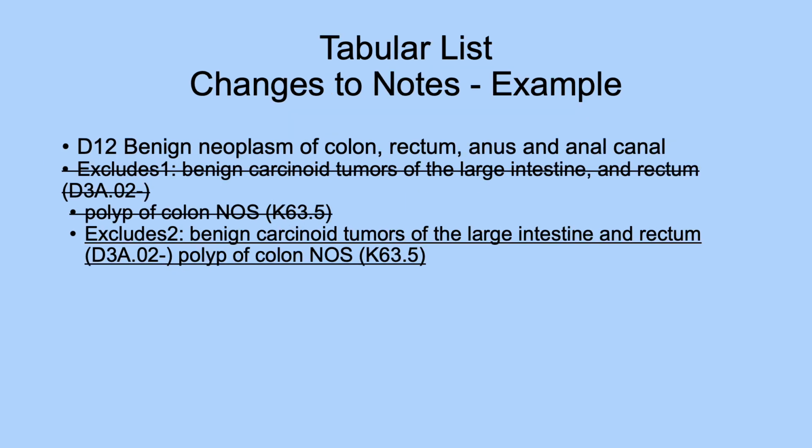Okay, let's look at D12, benign neoplasms of colon, rectum, anus, and anal canal. The note was changed from Excludes1 to Excludes2. When it's Excludes1, you can do either or, a code from D12 or a code from D3A.02 or K63.5. In this case, you can use an Excludes2.